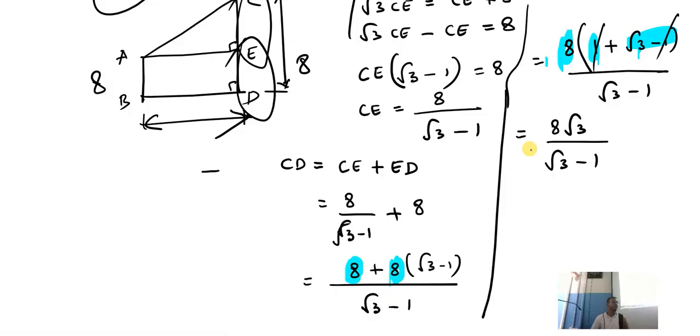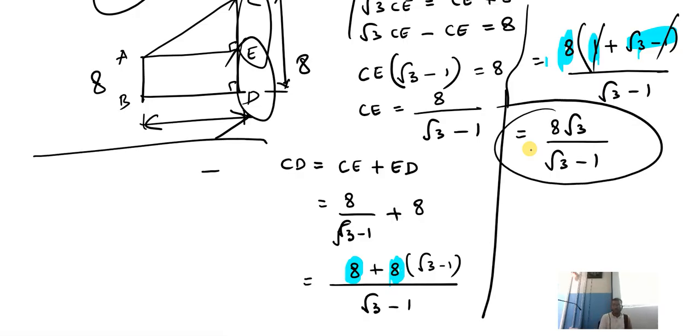But here, my denominator needs rationalizing. Since the denominator value has a root, we have to do rationalization for this step. How to do the rationalization? Observe this step: 8 root 3 by root 3 minus 1.